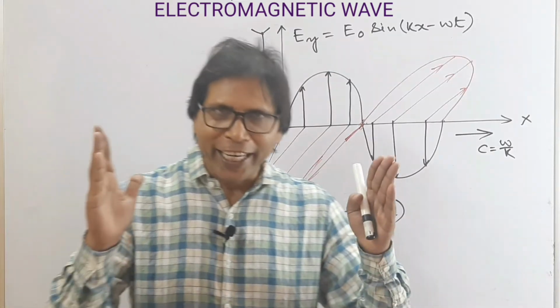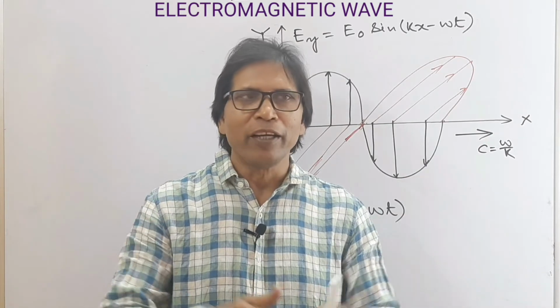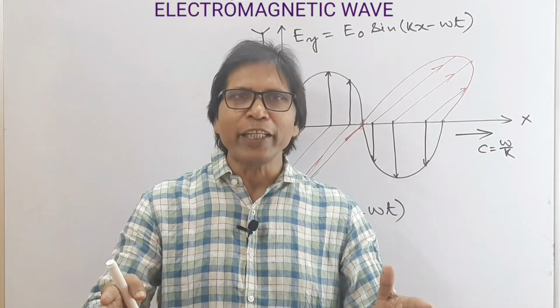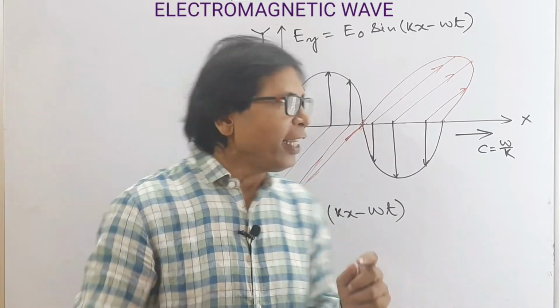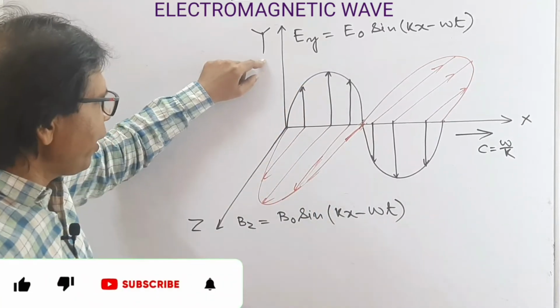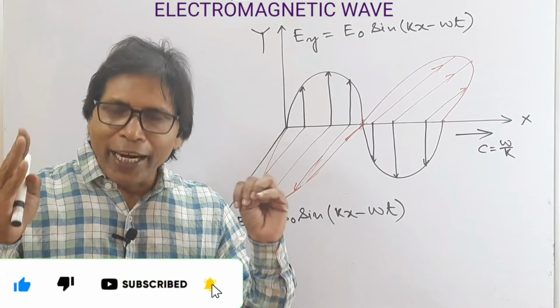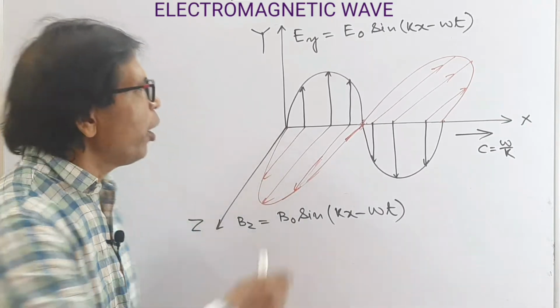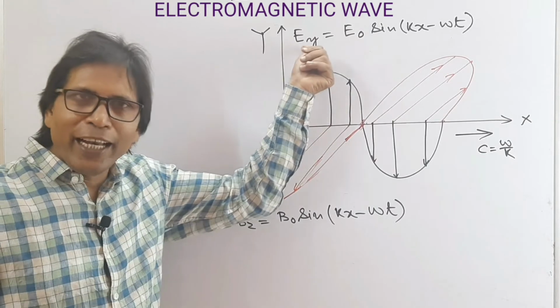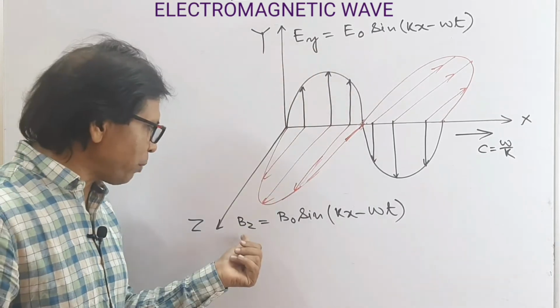Okay, now characteristics of EM wave. The electromagnetic wave consists of an electric field vector and a magnetic field vector perpendicular to each other. The direction of propagation is also perpendicular to the electric field vector and magnetic field vector.